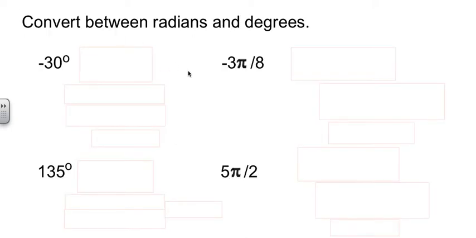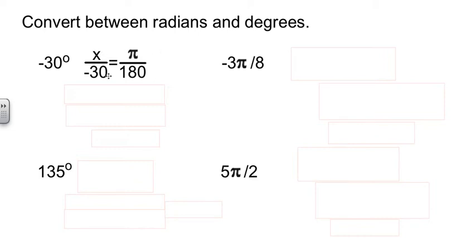So they're going to ask us to do some conversions, converting between radians and degrees. Obviously, if they give you degrees, you need to get radians. If they give you radians, you need to get degrees. They gave me negative 30 degrees here. So I'm going to set up my basic ratio. I don't know the radians.